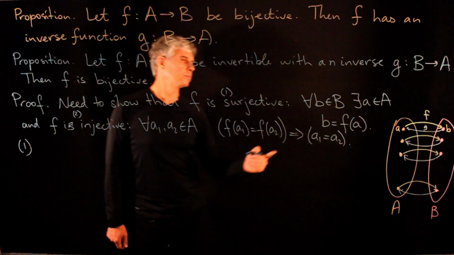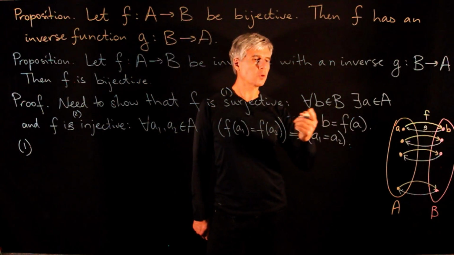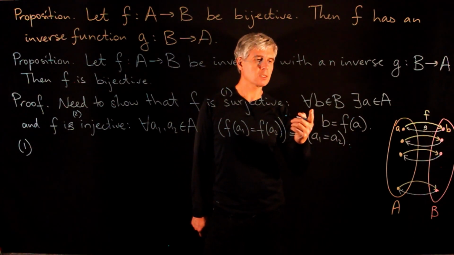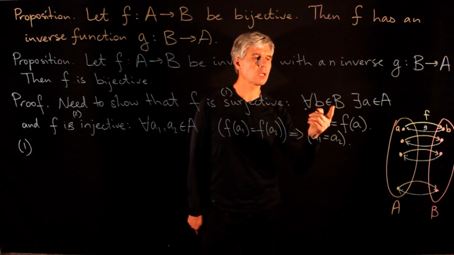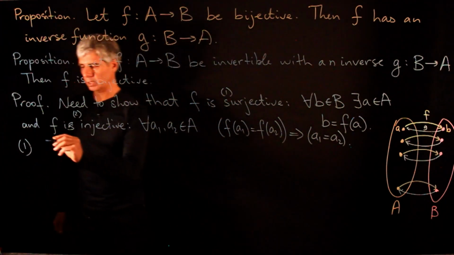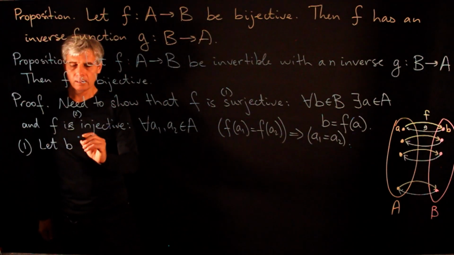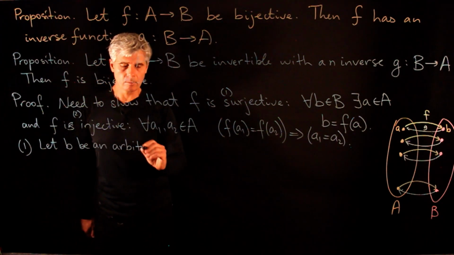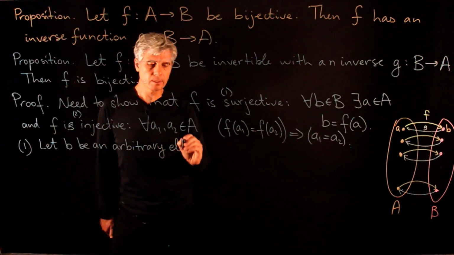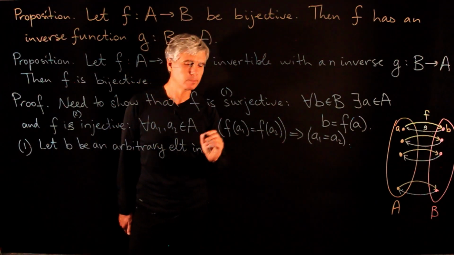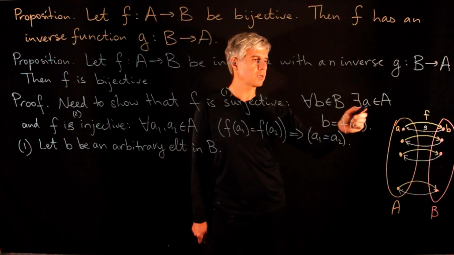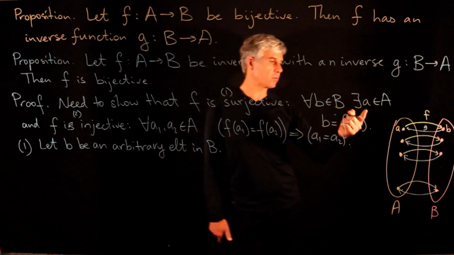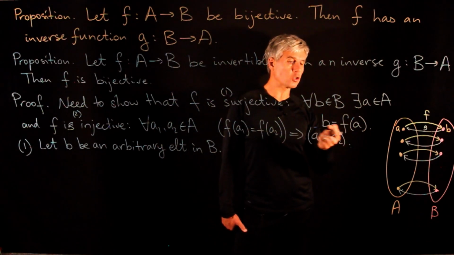Here we need to prove something that starts with a universal quantifier. So our method is, we say, let b be an arbitrary element in the set B. What we need to show is that there exists an a such that b is equal to f of a. So how do we construct this a? a is the pre-image of b.